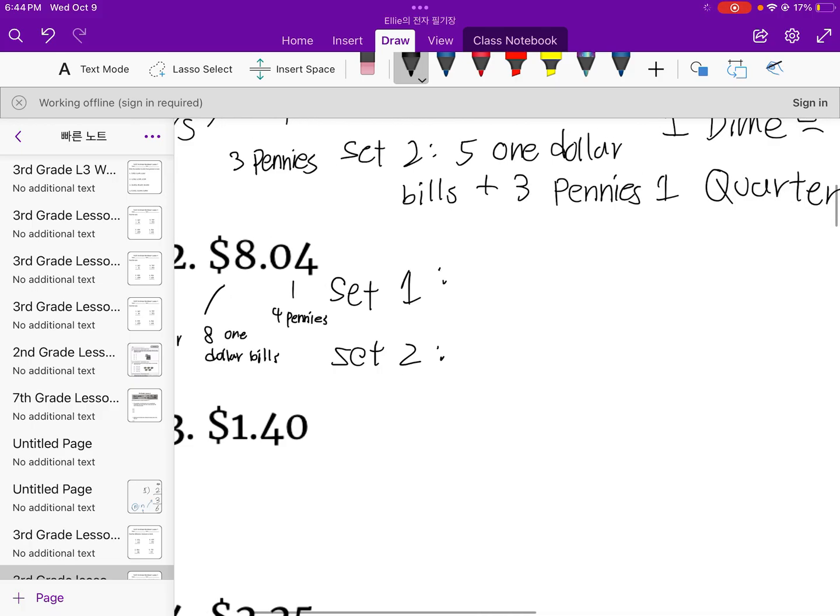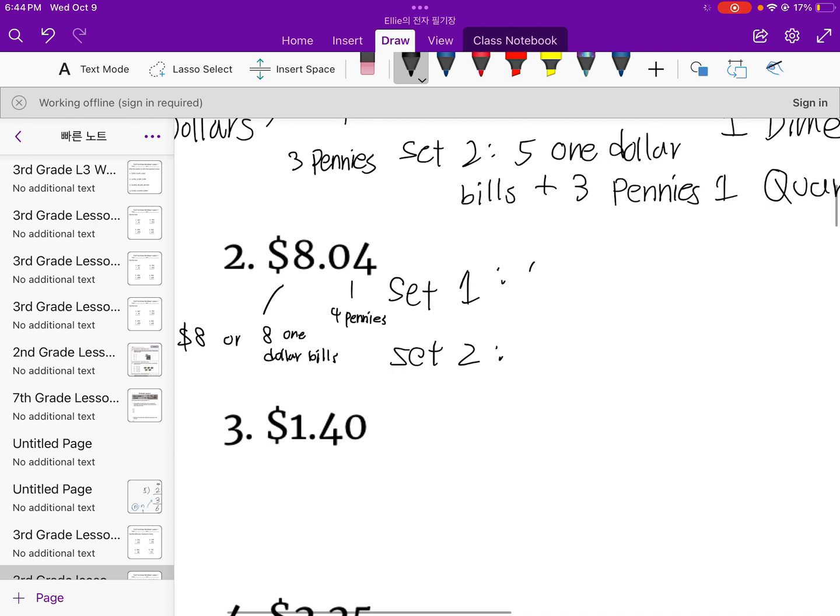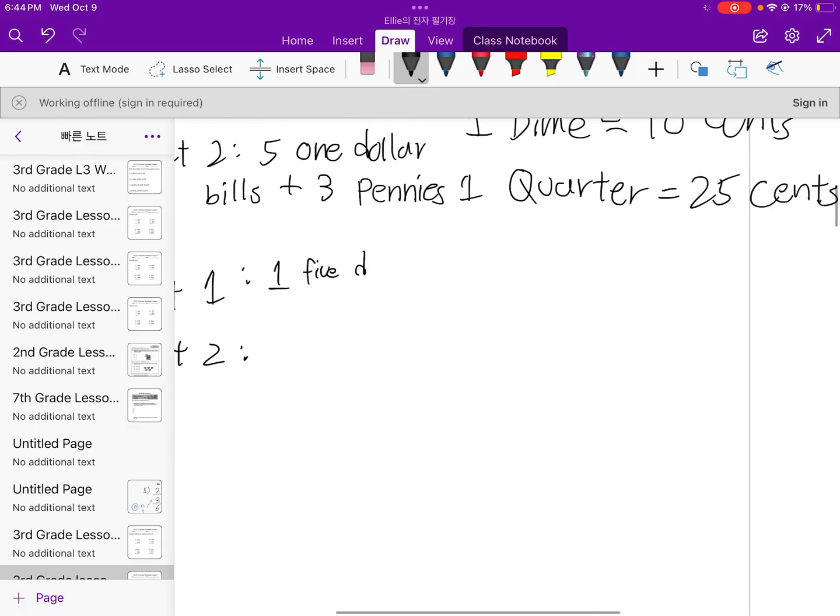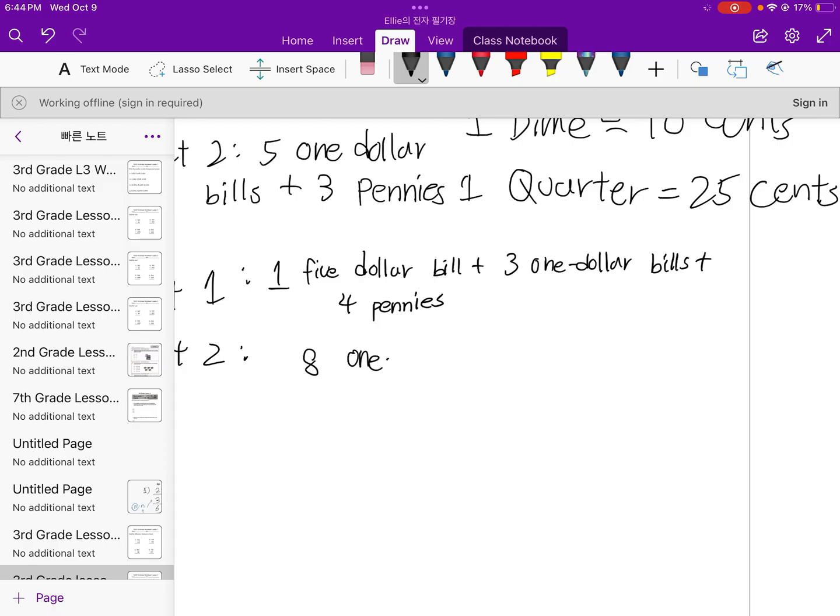So we're gonna write it as one $5 bill plus 3 $1 bills plus 4 pennies, or we can say 8 $1 bills, because the dollars go by $5 and $1, and cents are 1, 5, 10, 25. So 8 $1 bills plus 4 pennies.